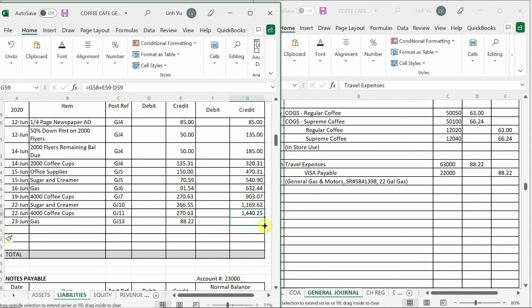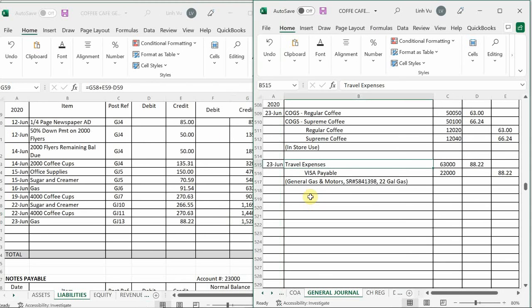It would be 1528.47. Good. Okay, 1528.47.